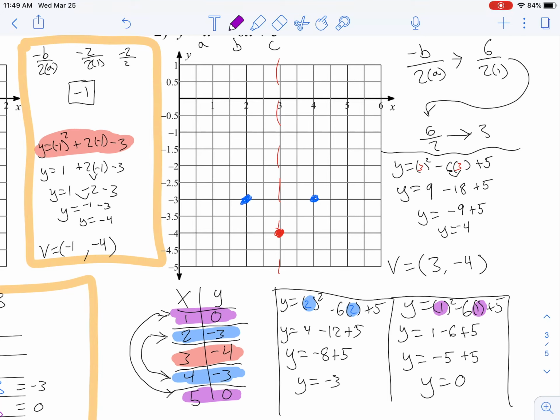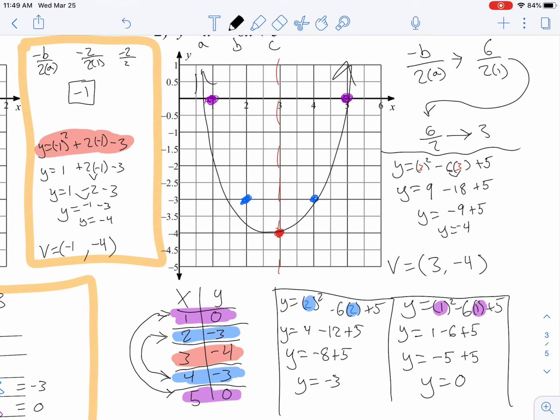And then with 1, 0, which is right here, and then 5, 0, which is right here, and again, they reflect. I can go 1, 2, 1, 2. And so that creates our parabola there, even though I totally missed those points when I drew it. A little bit harder on the tablet.